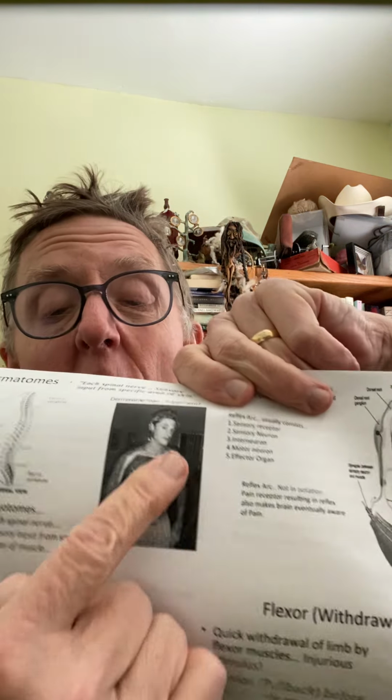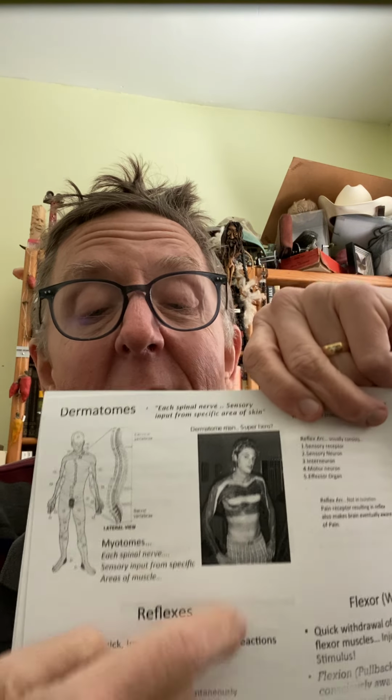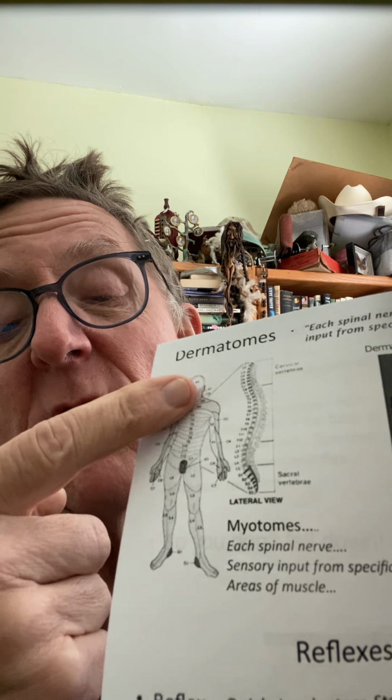So we have dermatomes and also myotomes. And we have our hero here. When I got this off the internet, it was some medical student who decided to go to a Halloween party showing dermatomes, and your body is sort of cut up into layers associated with each of the spinal nerves.